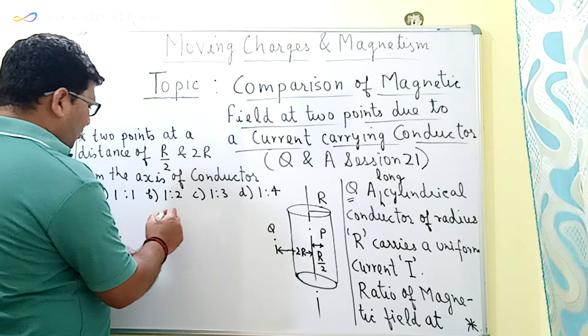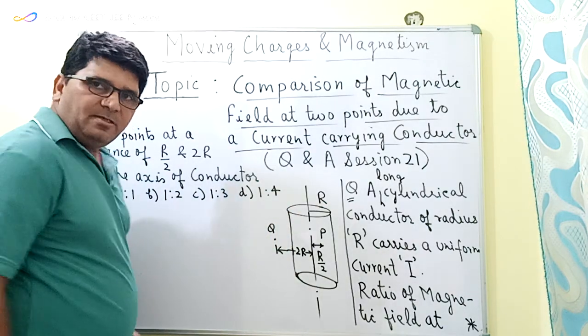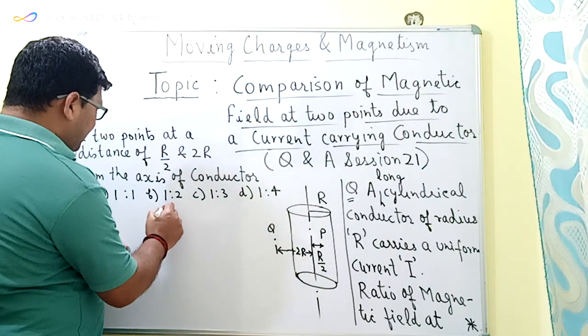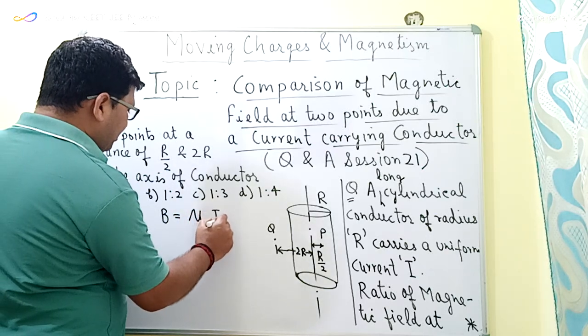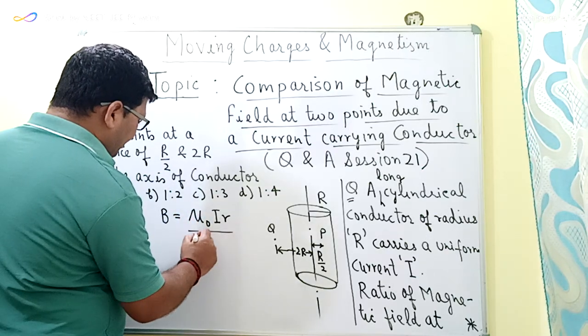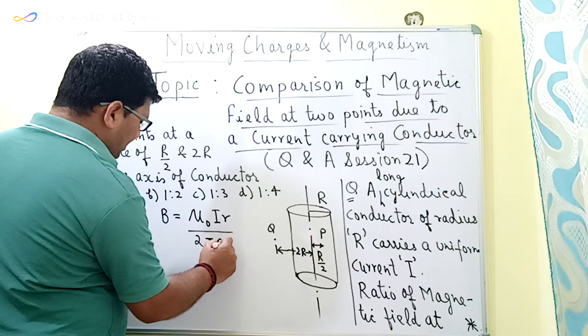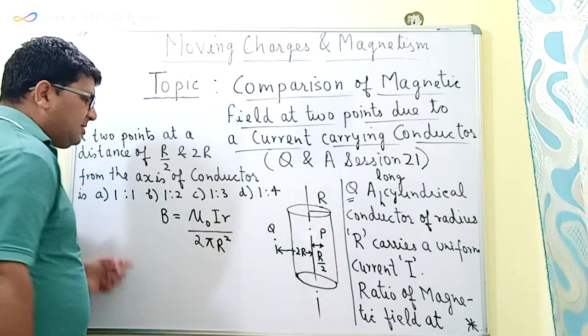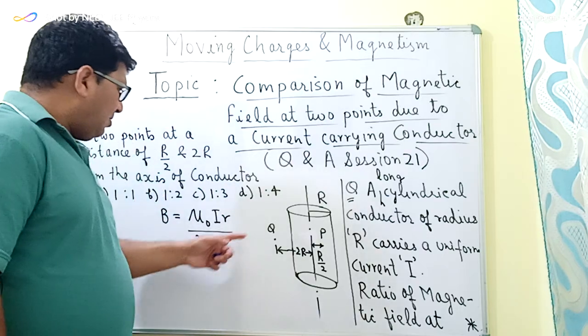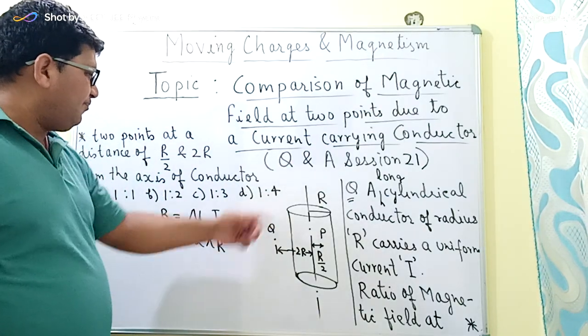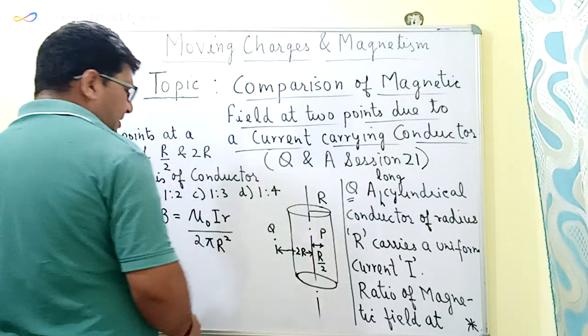So for the point lying inside the current carrying conductor, the magnetic field B was equal to mu naught I r divided by 2 pi R square. Here small r is the radial distance of the point from the axis of the conductor, and capital R is the radius of the cylindrical conductor.